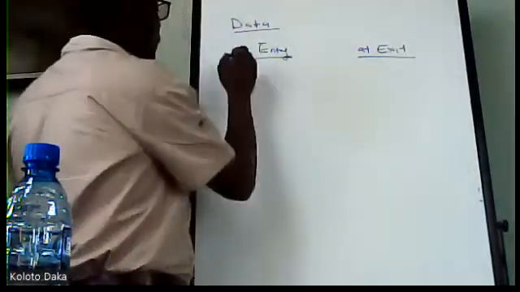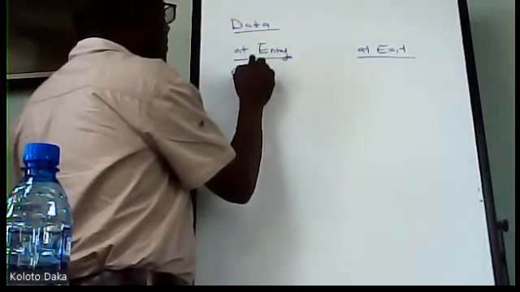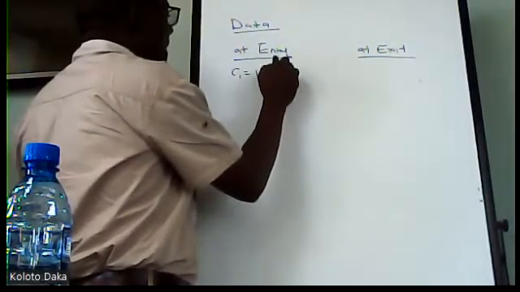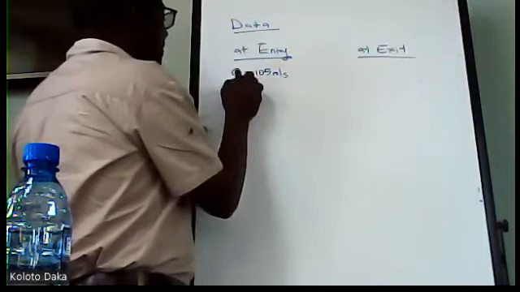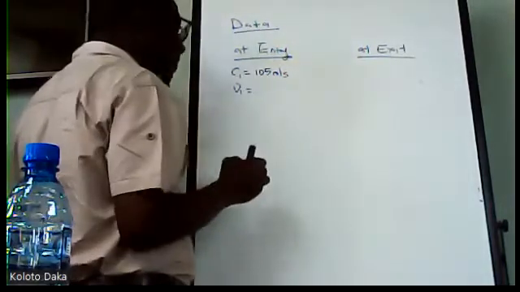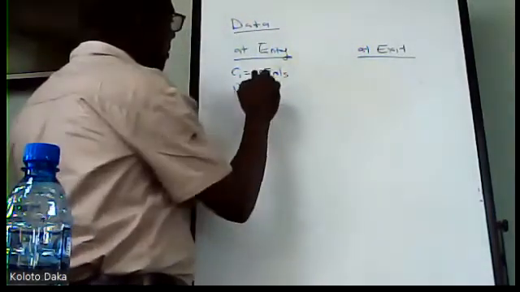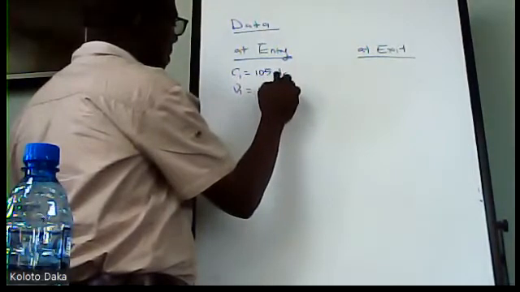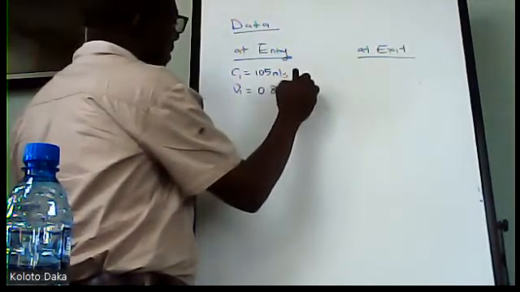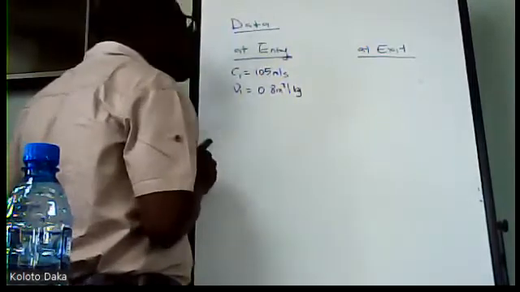And a specific volume of 0.80 meter cubed per kg. Meter cubed per kg, correct?